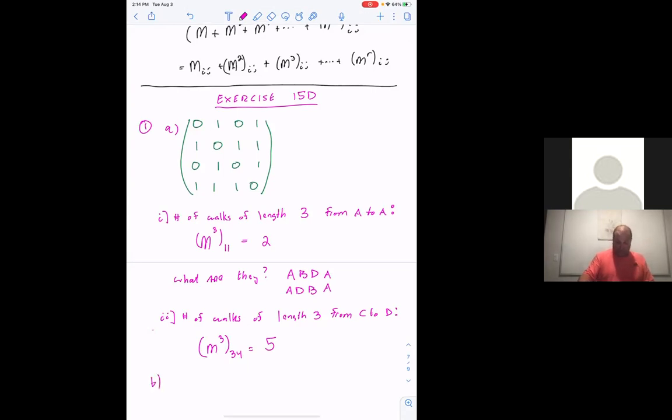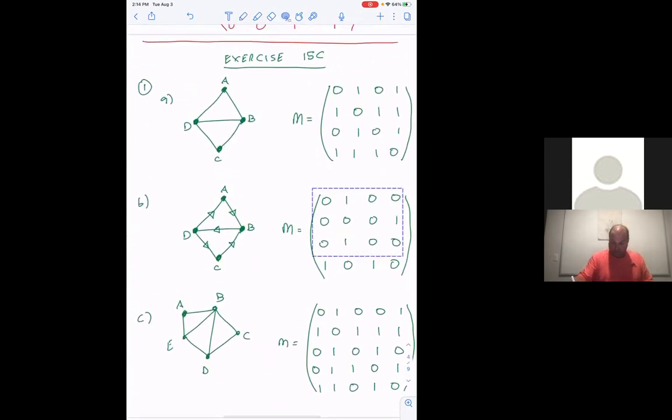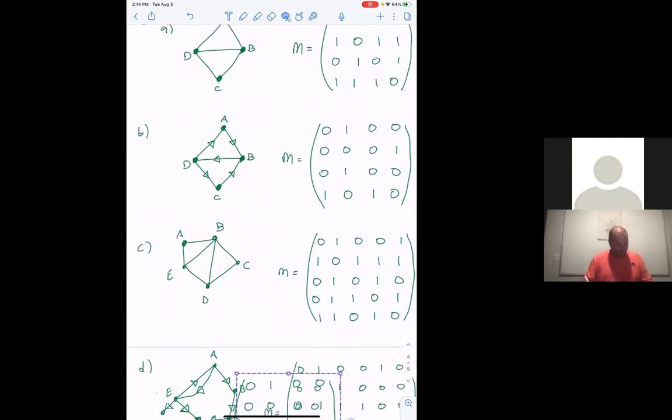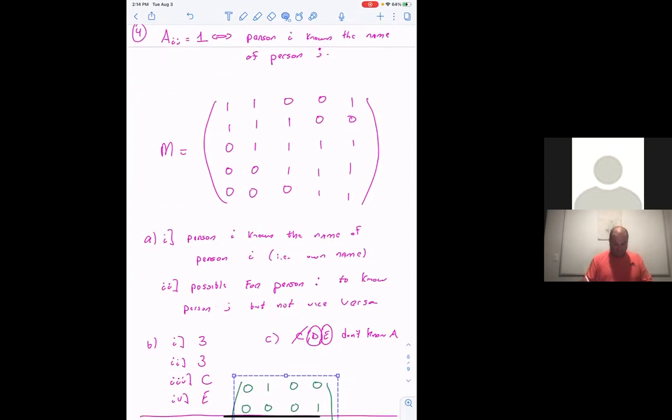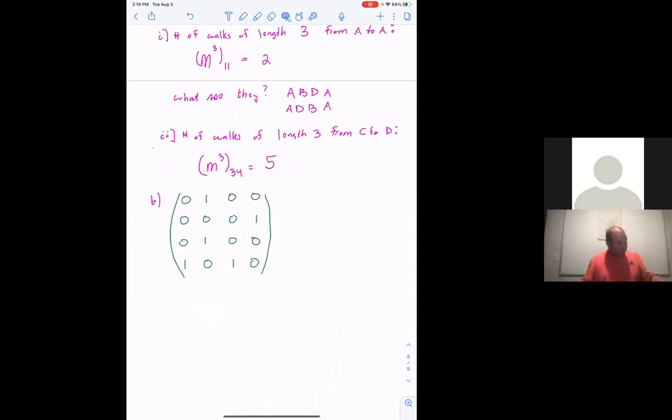All right, B. So now we're going to go back here and duplicate this one. 0, 1, 0, 0, 0, 0, 0, 1, 0, 1, 0, 0. Yeah, I got it right. So now we're going to edit another 4 by 4 matrix: 0, 1, 0, 0, 0, 0, 0, 1, 0, 1, 0, 0, 1, 0, 1, 0.